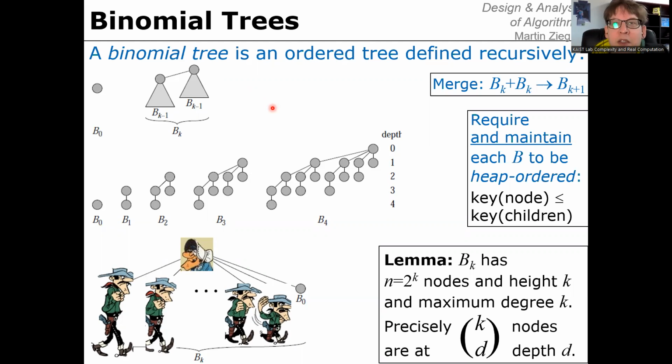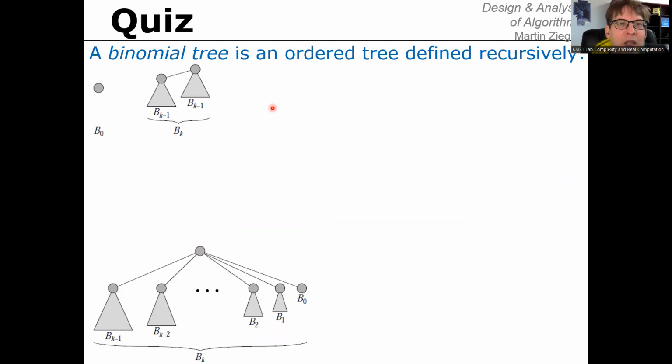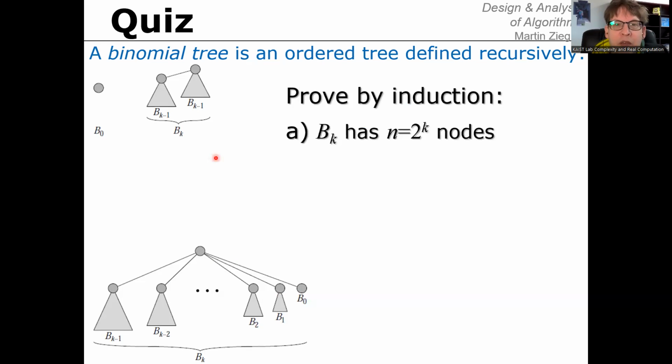And now, surprise, surprise, we're going to conduct a quiz. I would like you to actually prove by induction the following four properties. First, as claimed in the lemma, that a binomial tree of order k has 2 to the k nodes.